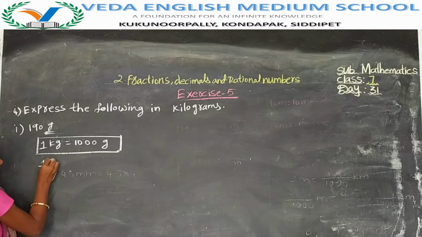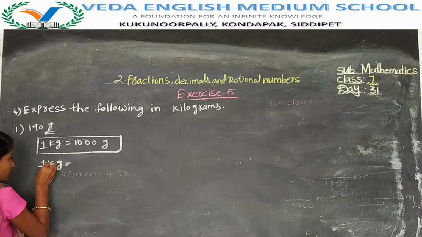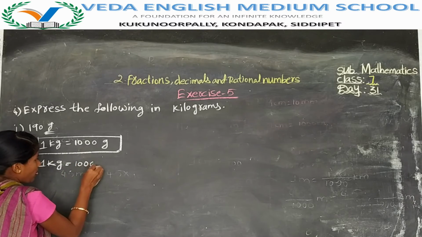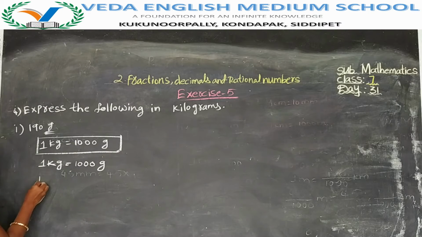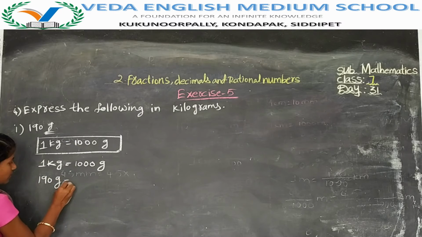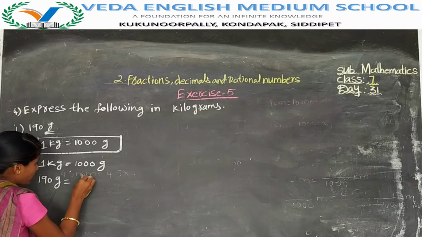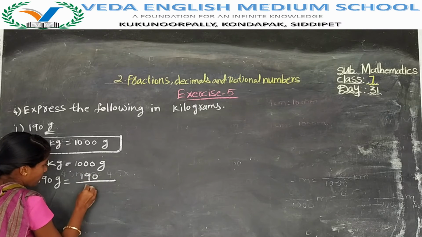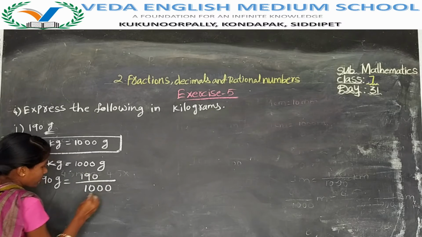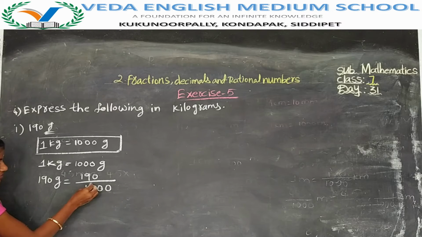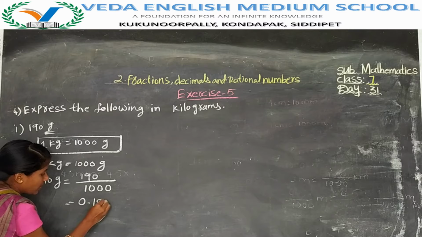1 kg is equal to 1000 grams. So 190 grams is equal to 190 by 1000. You have to do division. After 3 digits you will get the point, so it is 0.19.